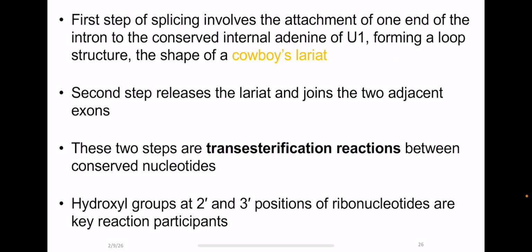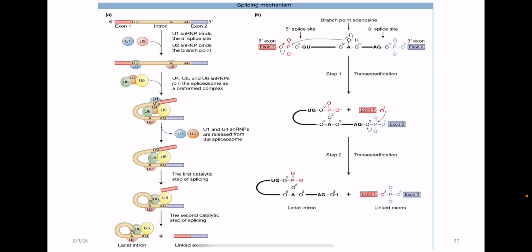So U1 and U2 are the first snRNPs to be recruited. What they do is help the spliceosome align to the splice site. When they are recruited and have aligned the spliceosome, they will recruit U4, U5, and U6. So this is the diagram.